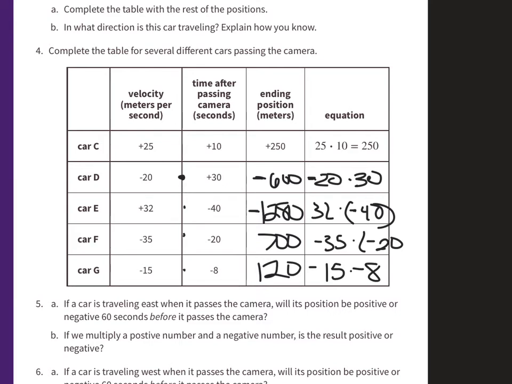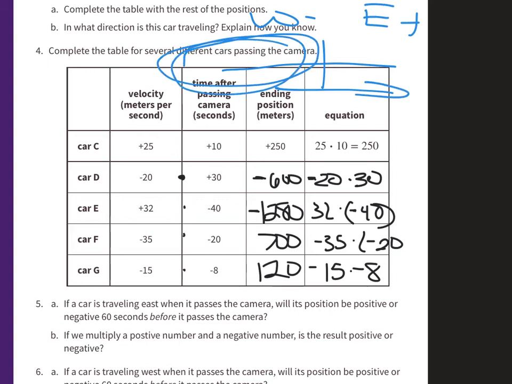If a car is traveling east when it passes the camera, will its position be positive or negative 60 seconds before? So, if you think of a number line, East is positive, west is negative, so it's traveling east. So before it passes the camera, it's going to be over here, so it's going to be negative.